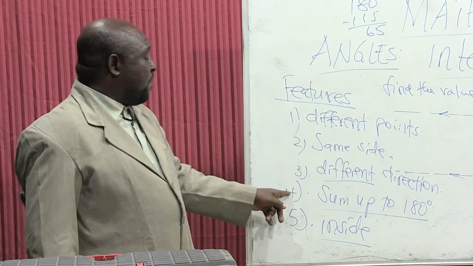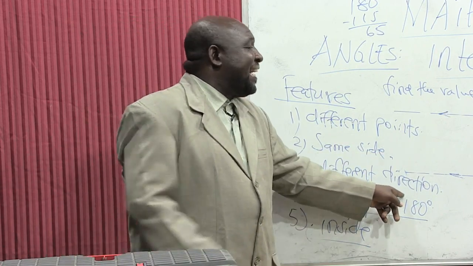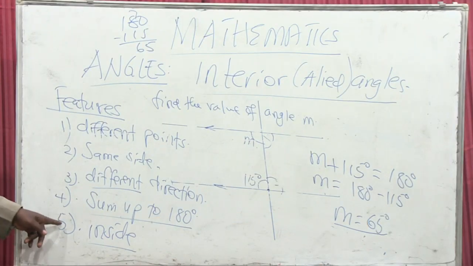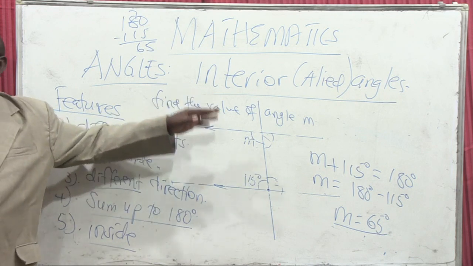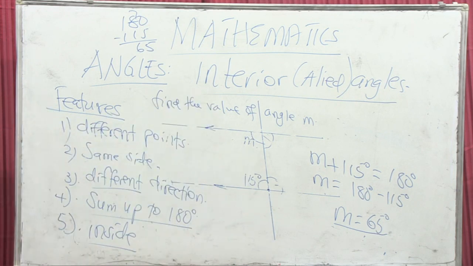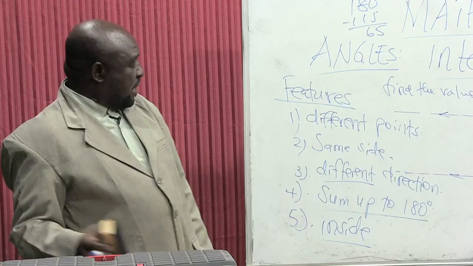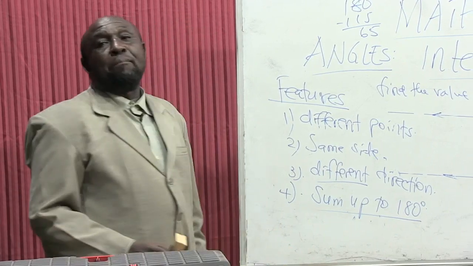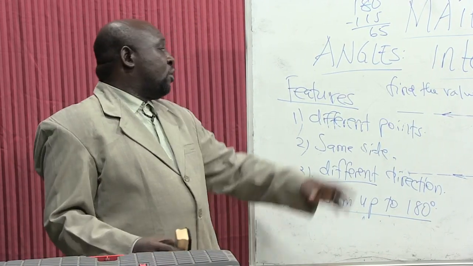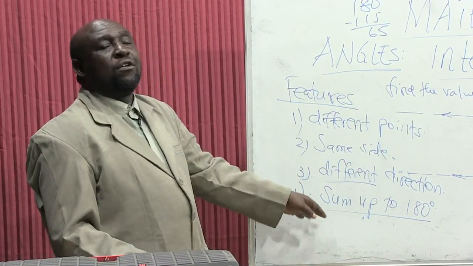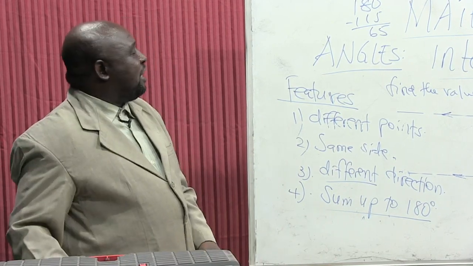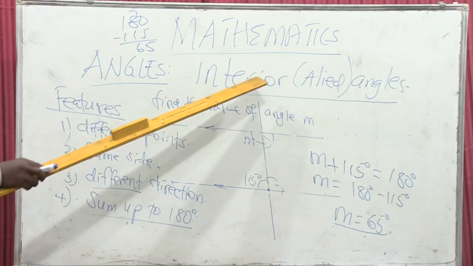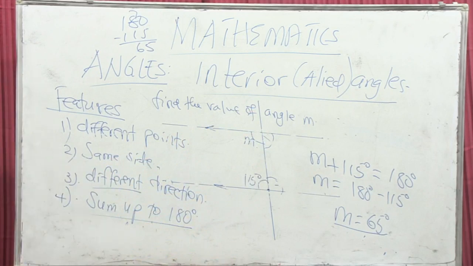Feature number 4, sum up to 180 degrees. And feature number 5, it is inside the figure. Feature number 5 is not so important to help you solve. All the other 4 are very important, because even the name itself says they are interior, or inside.